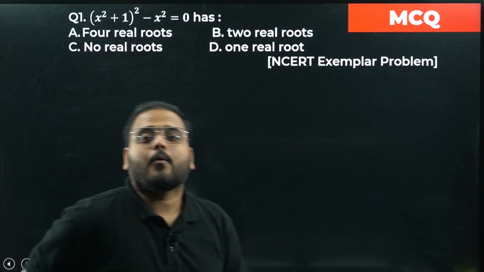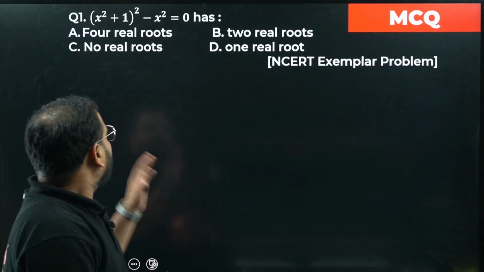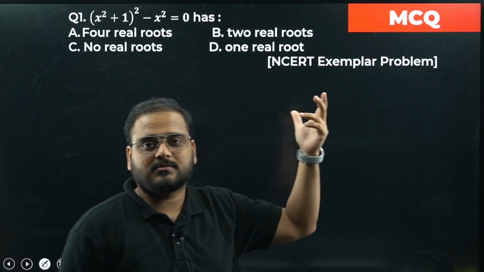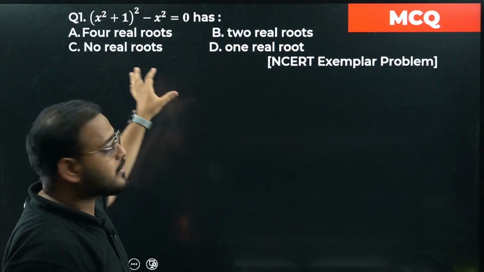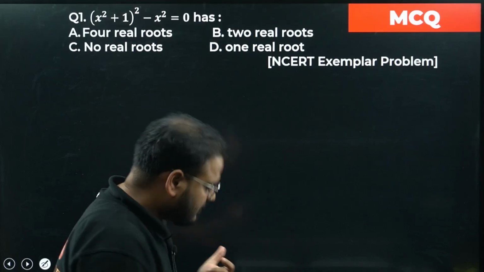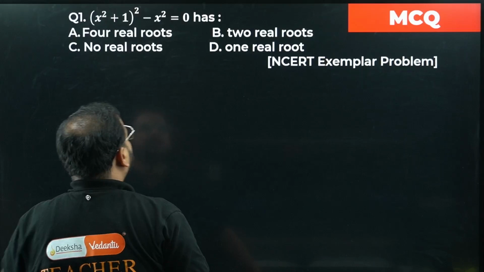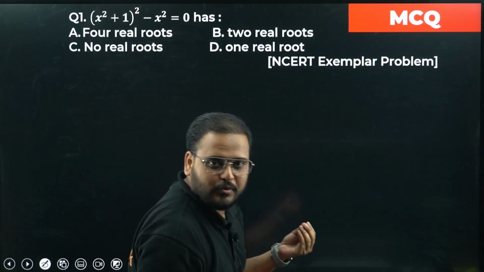Question number one is what, sir? MCQ I've taken. We have to check how many roots or how many values this given equation has. We have to solve it. Let's check. So how will you solve it? Very simple. x square plus 1 the whole square is there, right?